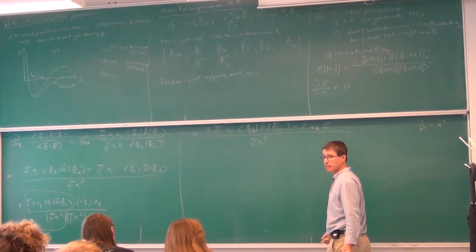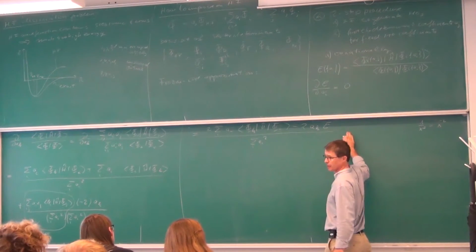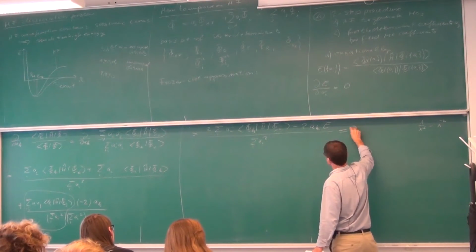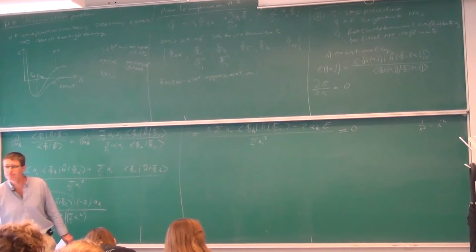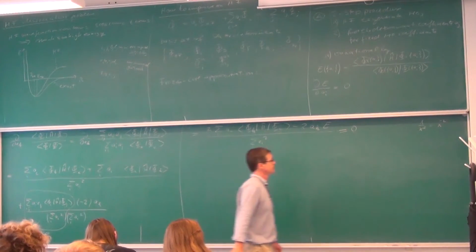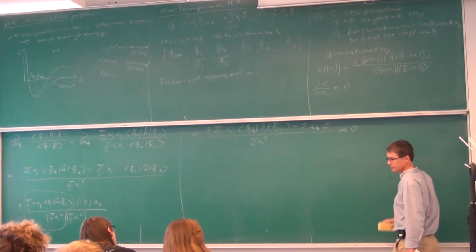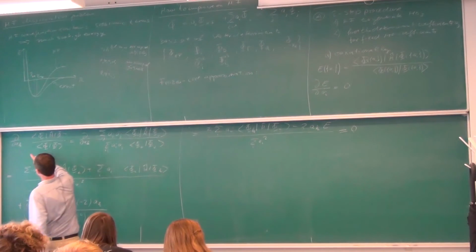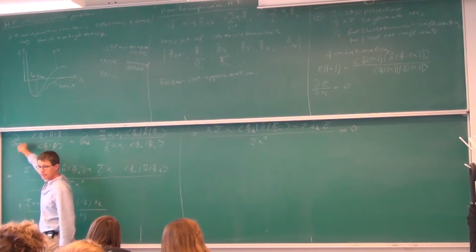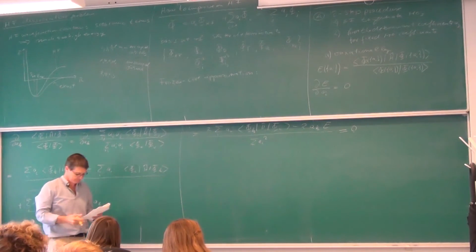And since we're trying to find the minimum, or at least a stationary point, we set that equal to 0. Now, that is the equation which we get if we take the derivative with respect to one of the coefficients.